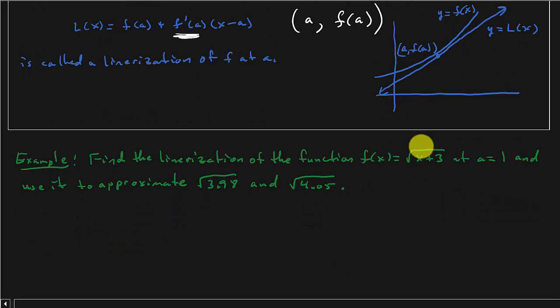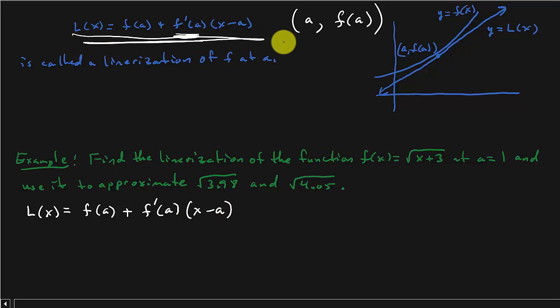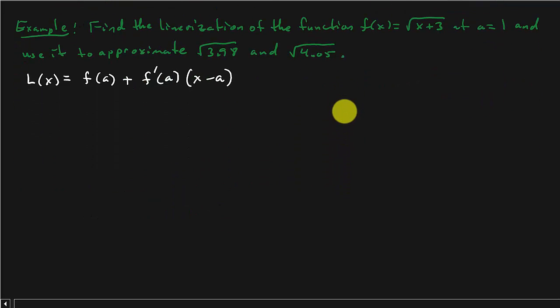All right, so what do we need here? We've got L of x is equal to f of a plus f prime of a times x minus a. I just wrote this down again so we can see it. So we've got f of x equal to the square root of x plus 3.